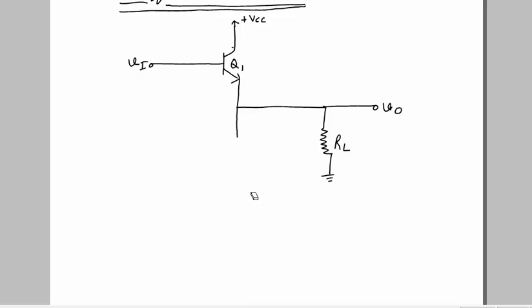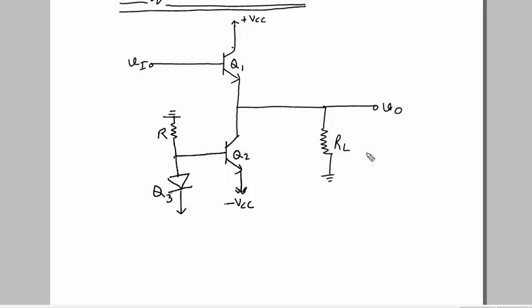Let us bias this with the help of another transistor Q2. Then we have a resistor R, and then we have Q3, which is a diode connected transistor.